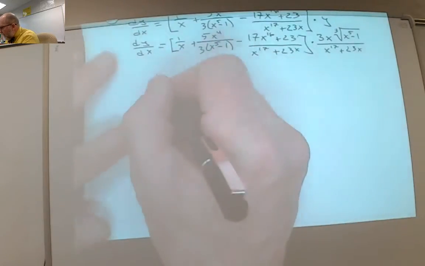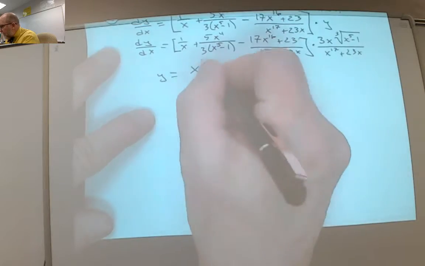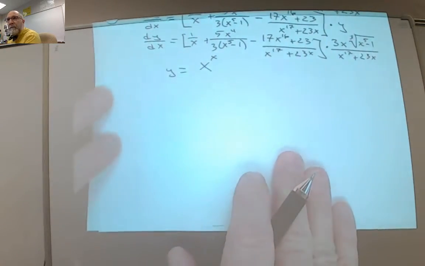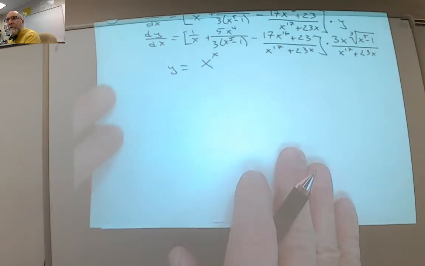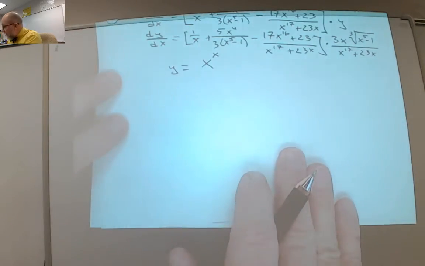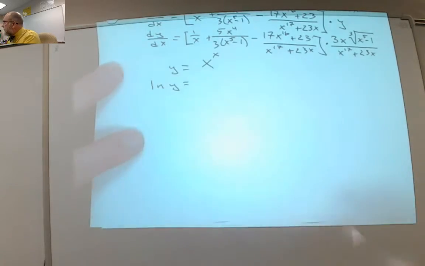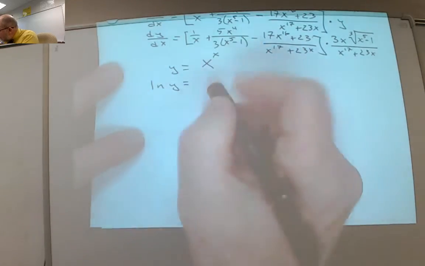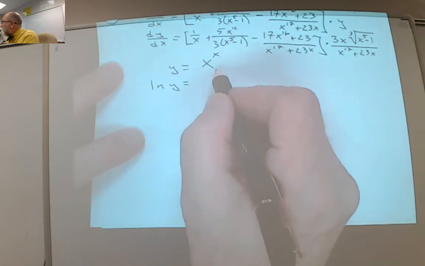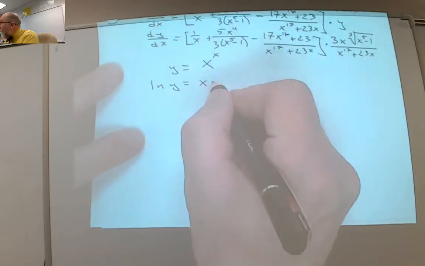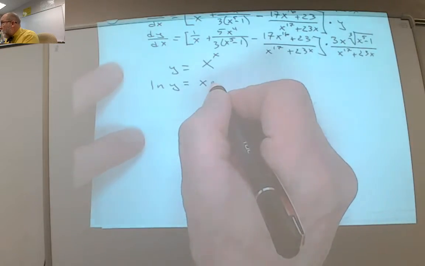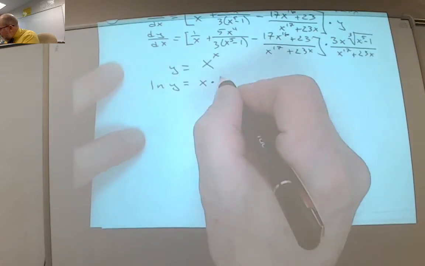Let's take a look at this. y equals x to the x. Remember I showed you how to do that wrong? So Kate, what I'm going to do is take the natural log of this side. If I take the natural log of this side, what does it look like? x times the natural log of x.